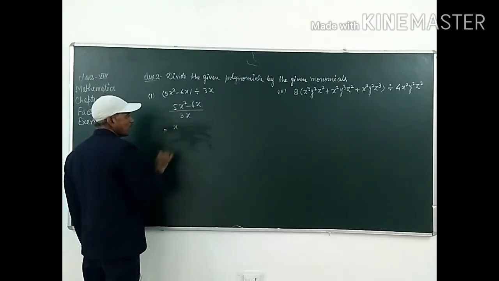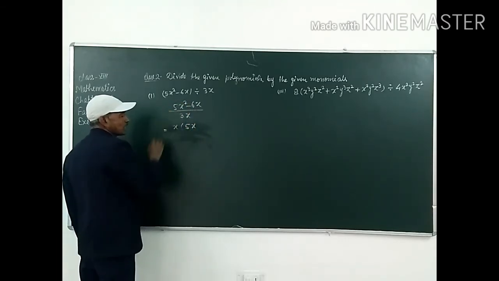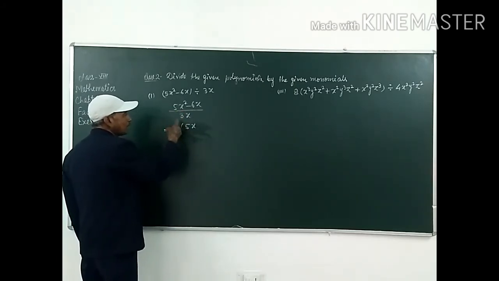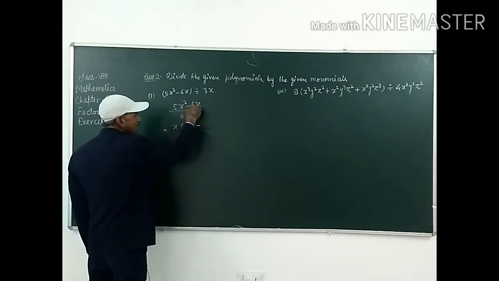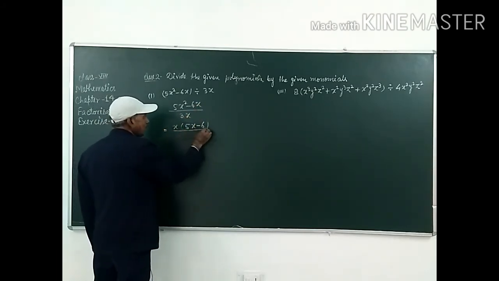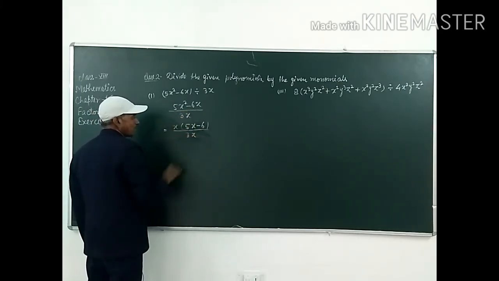So, we have to take x as common, and 5x will remain, because x is 2 times here. Then, having taken x as common, minus, and in this part only 6 will remain because x is taken as common, and the denominator will be 3 into x.